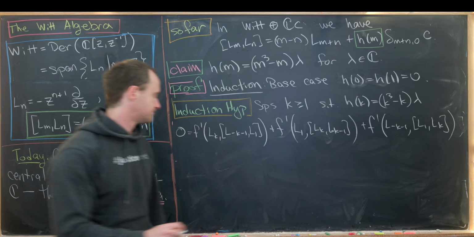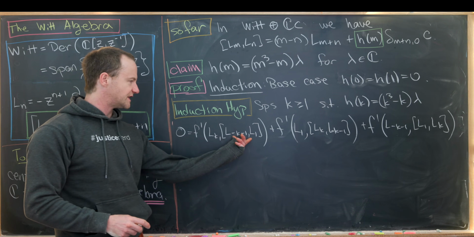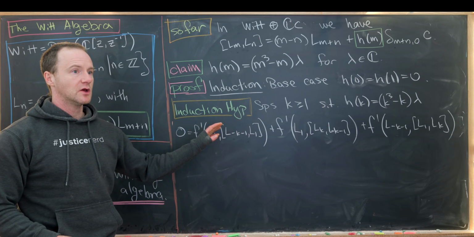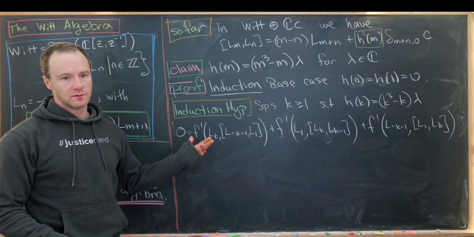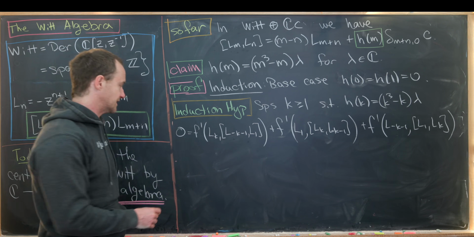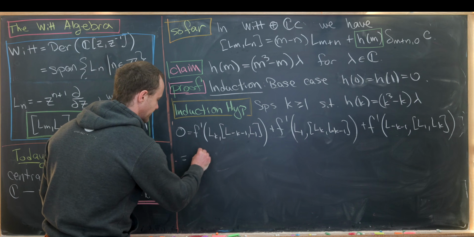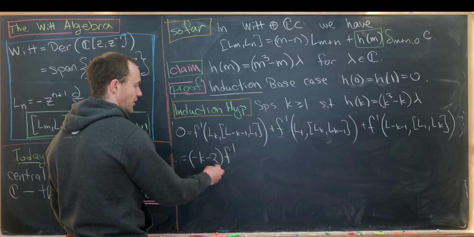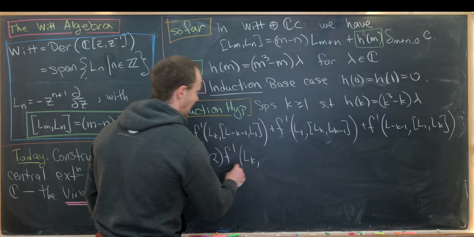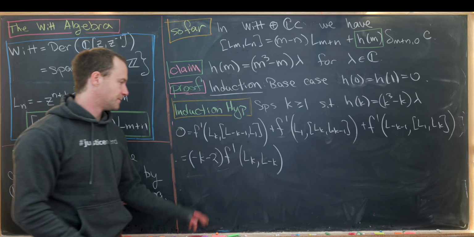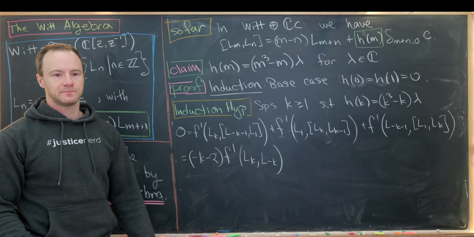Okay, nice. And now we know the commutation relations for these. So that's actually occurring within the Witt algebra, and so we can just use this rule over here. Let's see what that will leave us with. This first one will give us minus (k minus 2) times f prime of L_k with L_{-k}.